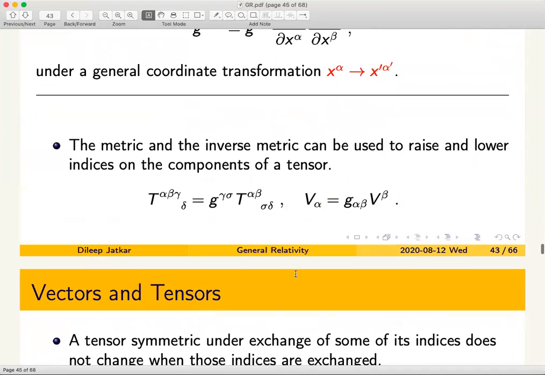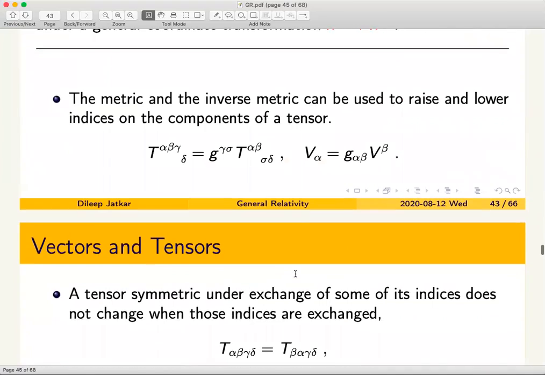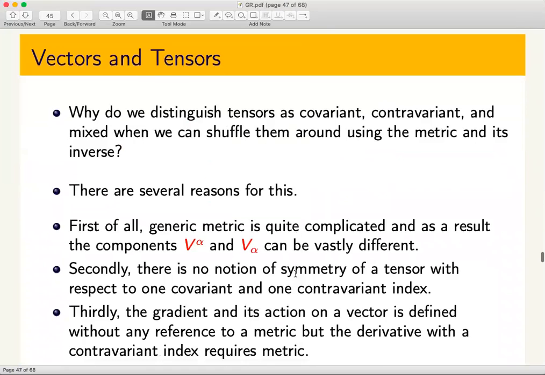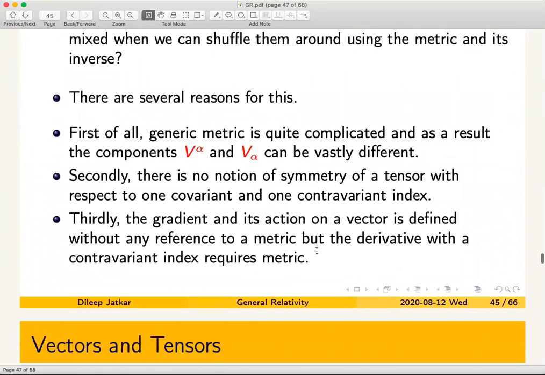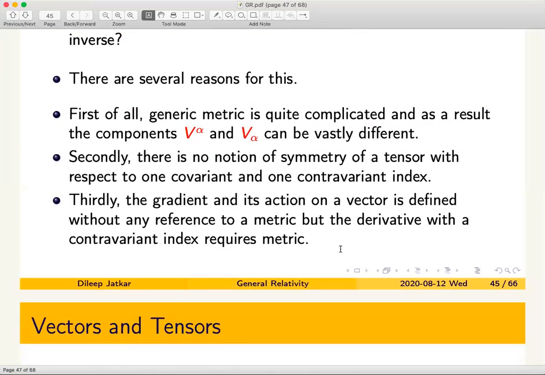But if you want to do the same thing, instead of using the gradient, which is like a derivative with covariant indices, if you try to do it with a contravariant index, then you will definitely need a metric.